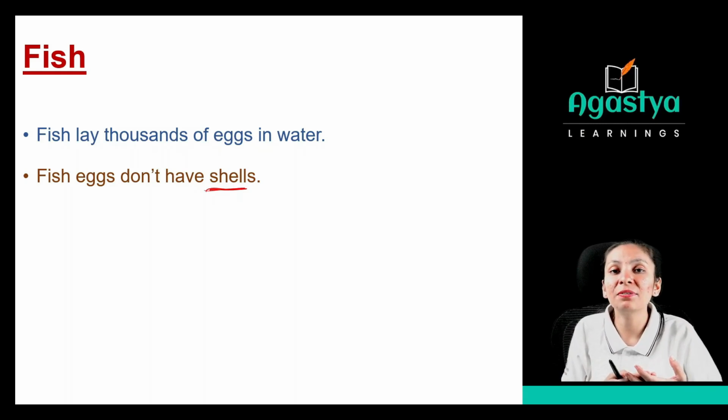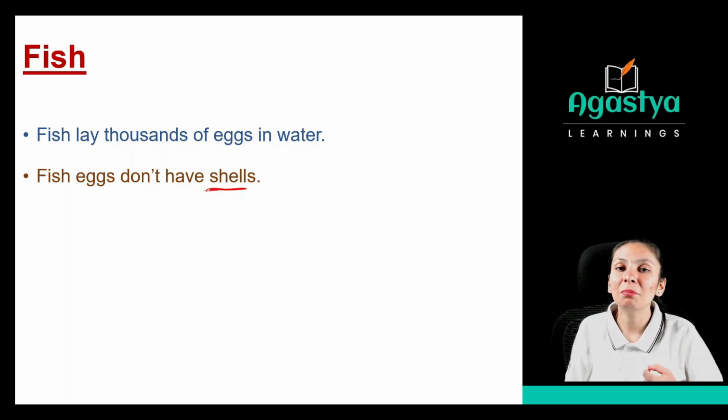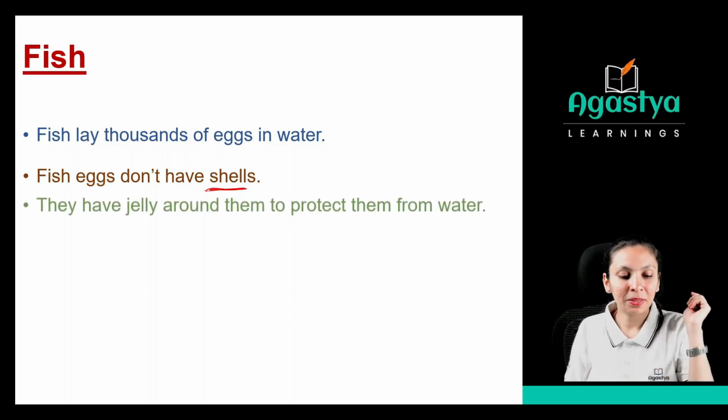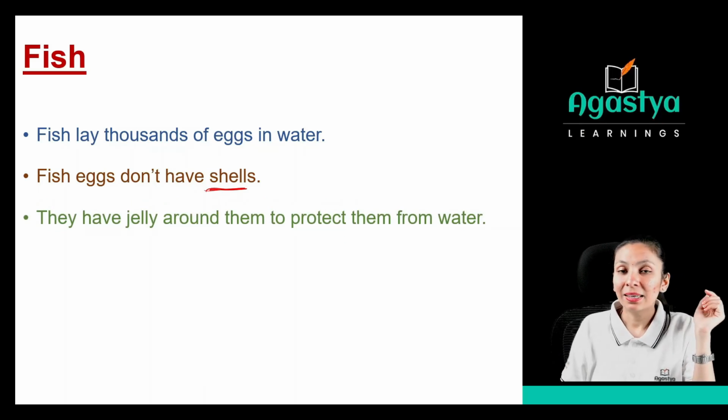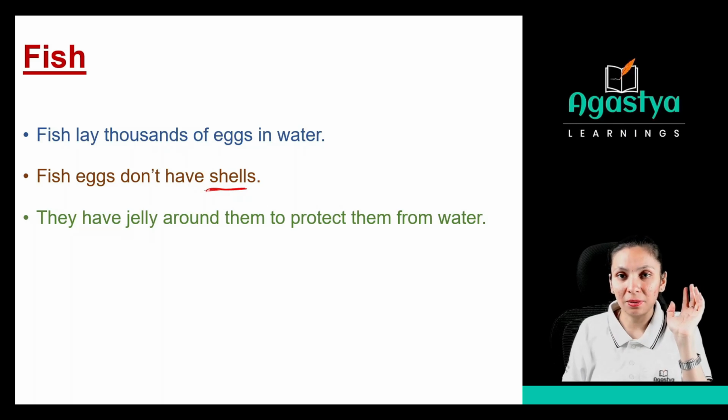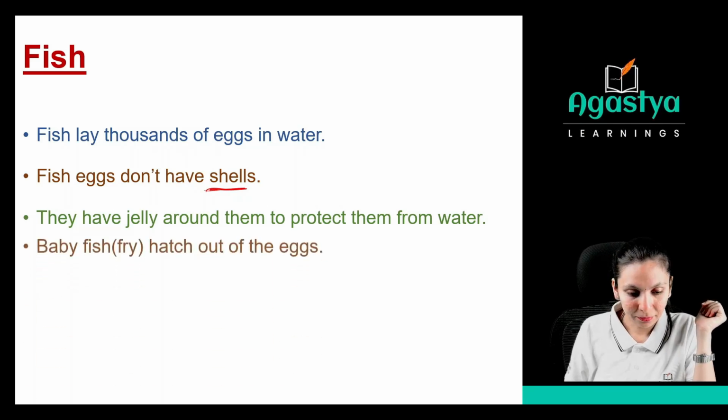Not all the eggs will give us fish because they don't have a shell. So they will get harmed and die, right? So for that part, we are not having that many babies from the eggs. They have a jelly around them to protect them from water. They don't have any shell-like structure, but they have a jelly-like structure to protect themselves from the water.